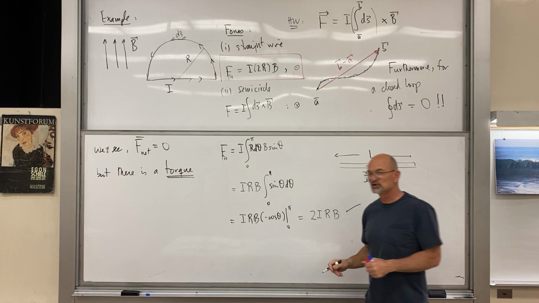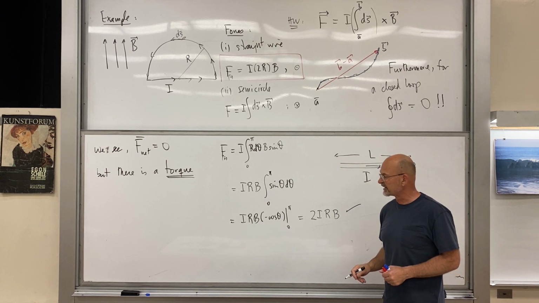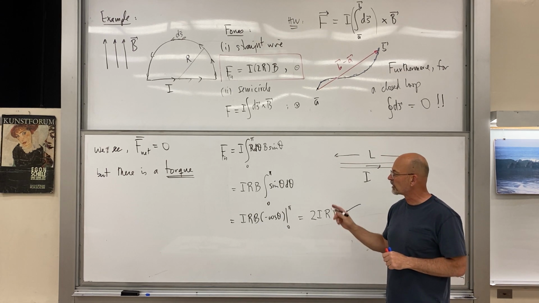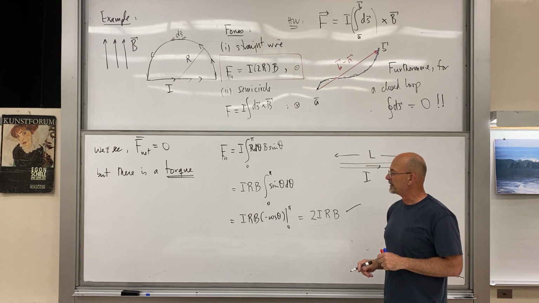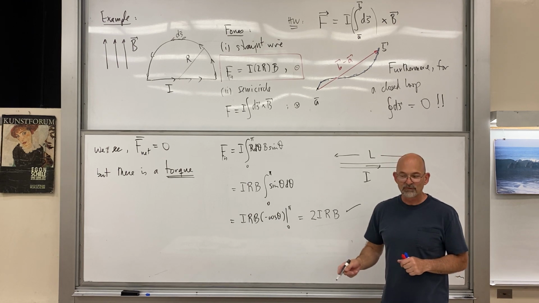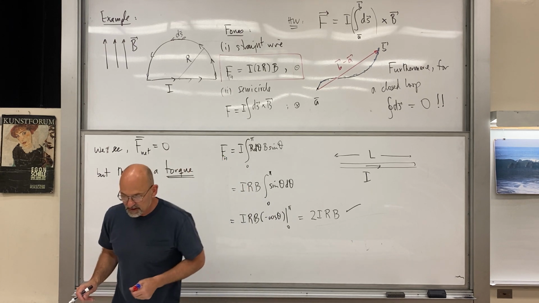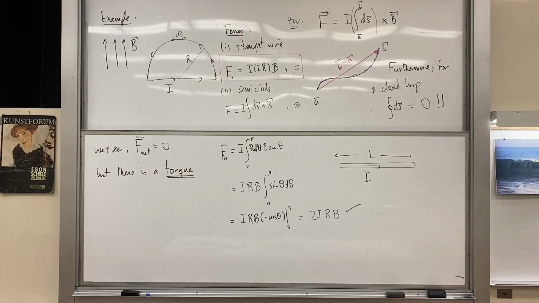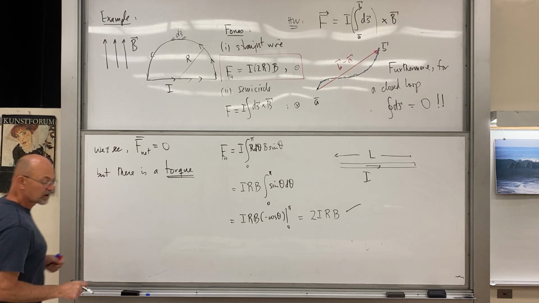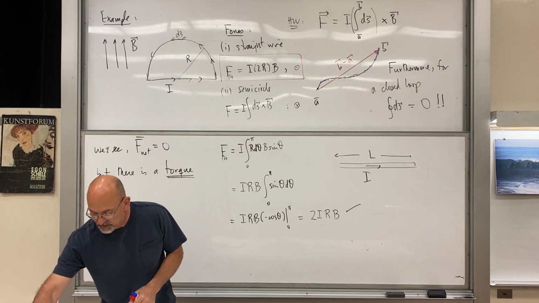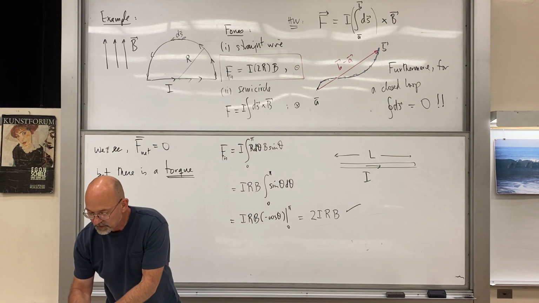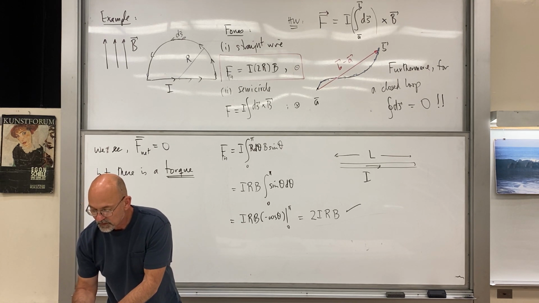This is the basis of motors and transformers and other interesting things like that. Then you have torque on a current loop, even though the net force is 0. Okay, good. Let me consult the clock here. For the torque on the current loop, we'll do a little construction as well.